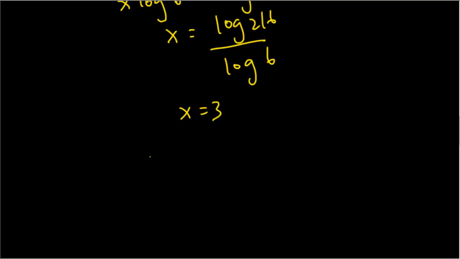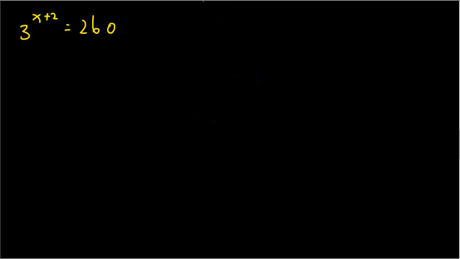Pretty simple. Let's look at another example. Again, I need to solve for the variable x, the unknown. So I log both sides. If I log both sides, log of 3 to the x plus 2 equals log of 260.